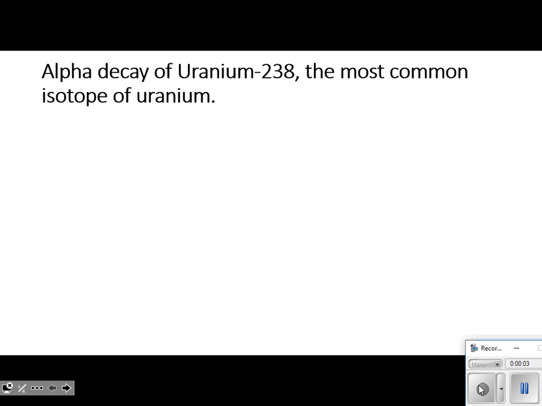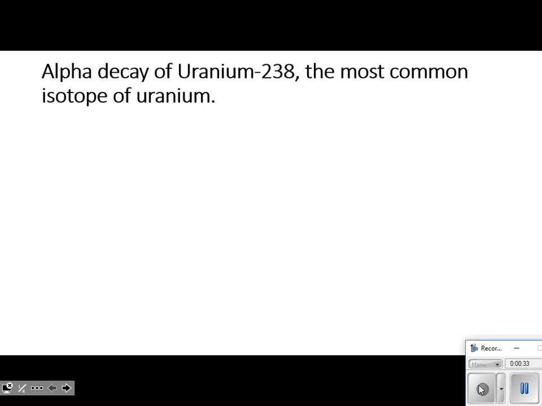So you're going to need your notes out over nuclear reactions. Probably going to have a periodic table with you also to refer back to. So take out your periodic table as well. What we are going to do is we looked at some examples yesterday of all of the types of nuclear decay.